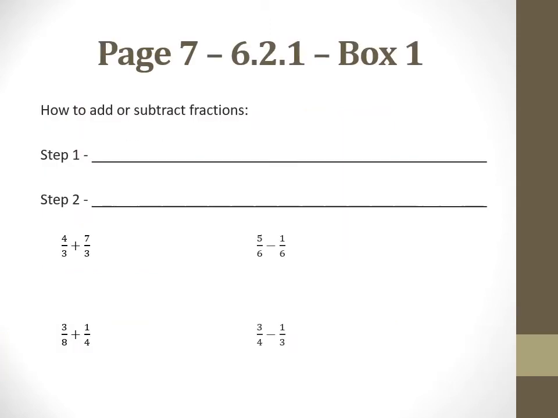So let's start off with some fractions that just involve numbers here. So no rational expressions yet, but how do we add or subtract fractions? Step one is going to be to multiply to get a common denominator.